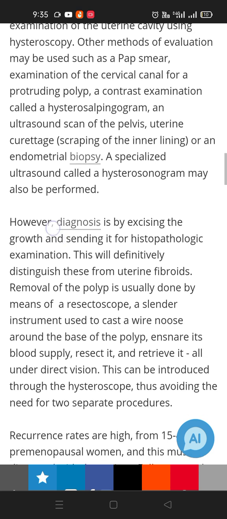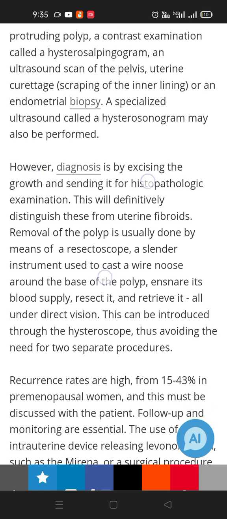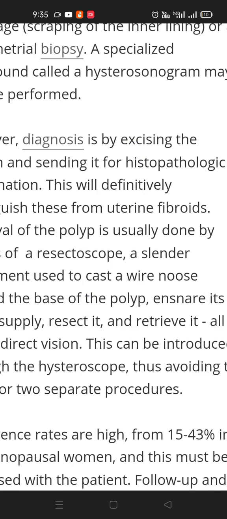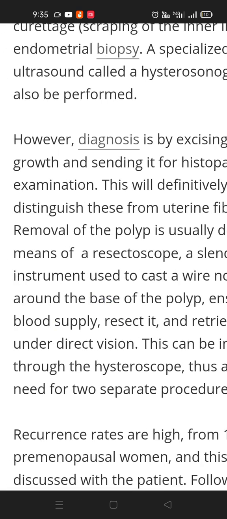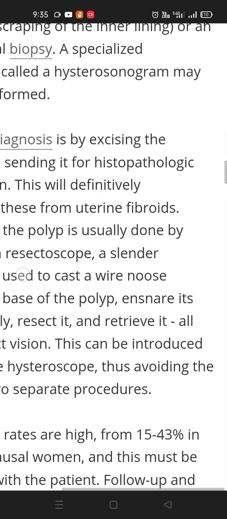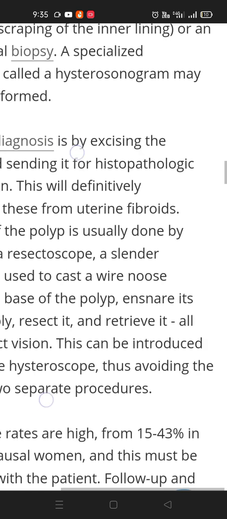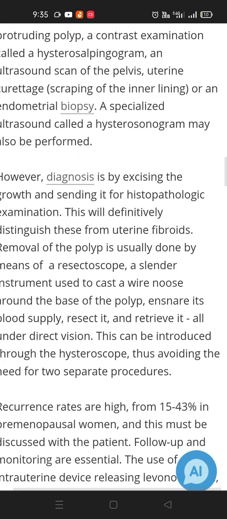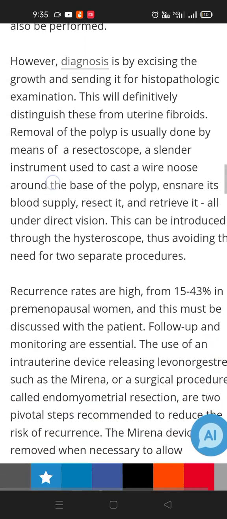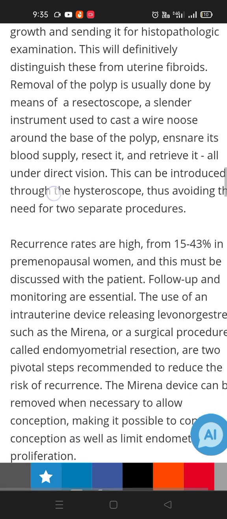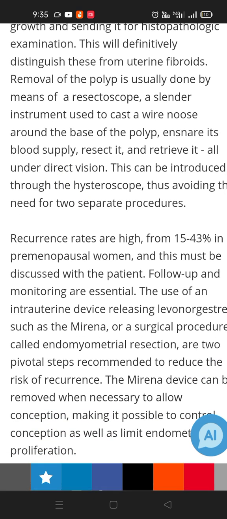By histopathology we distinguish whether it is a uterine fibroid or a polyp, because a polyp has mucosal lining, and a fibroid has a well defined capsule with smooth muscle fibers in a whorl pattern. The recurrence rate of the polyp is basically 15 to 43%.